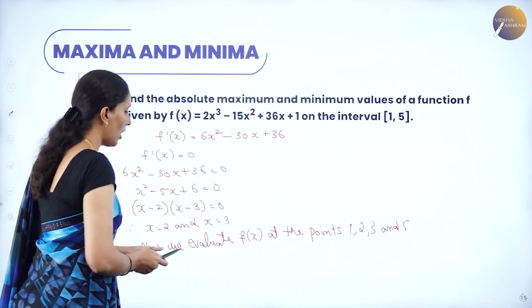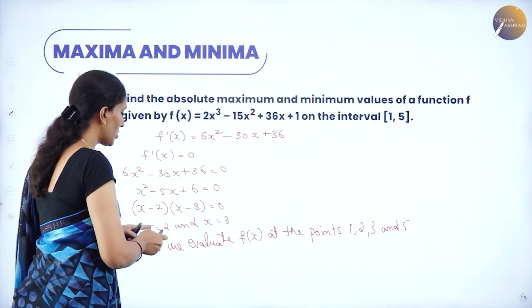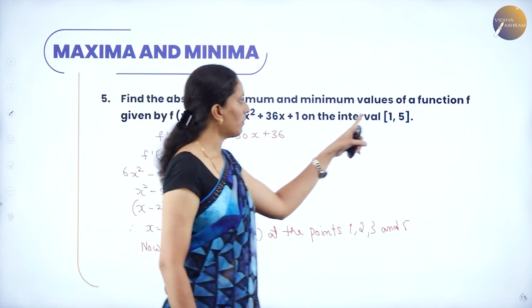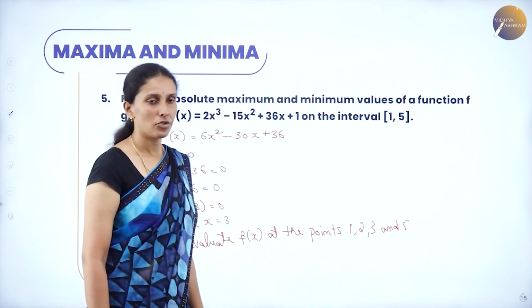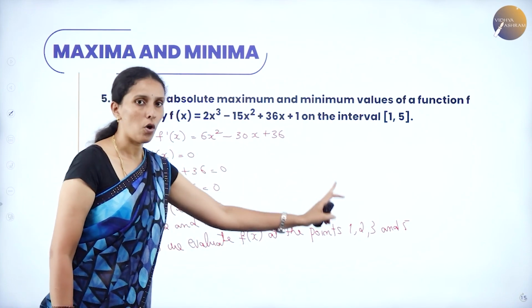From solving the equation we get the critical points. From the interval we get the extreme points, that is 1 and 5. Now, we are going to find out f of x at all these points.